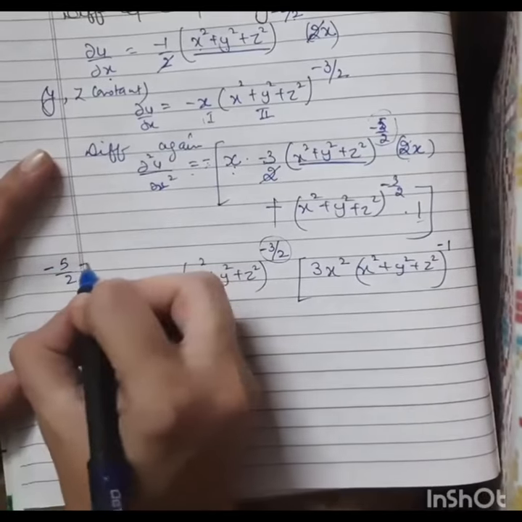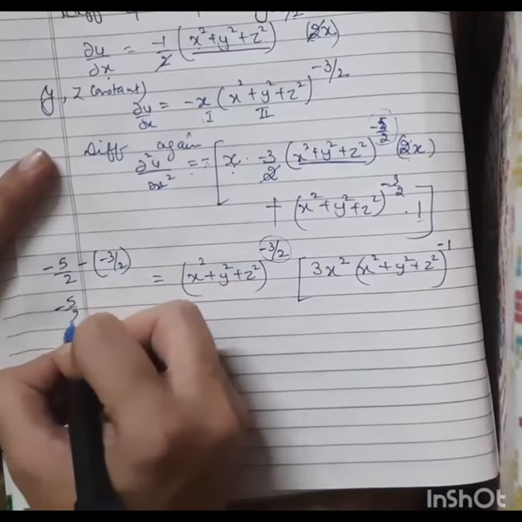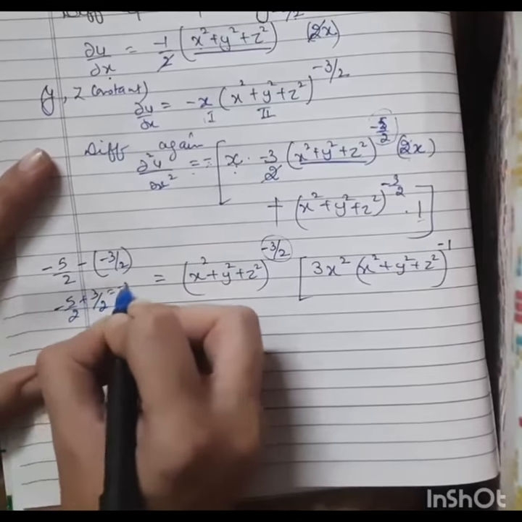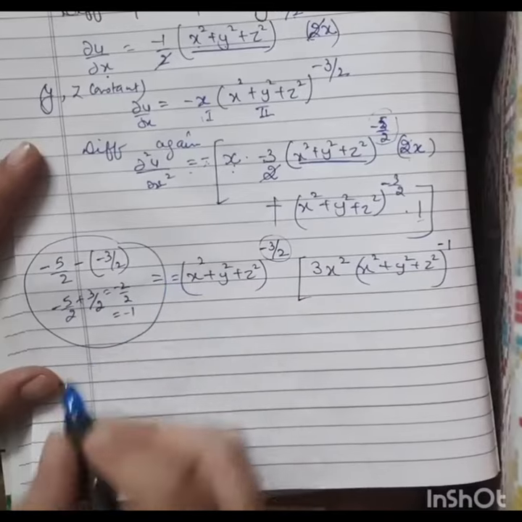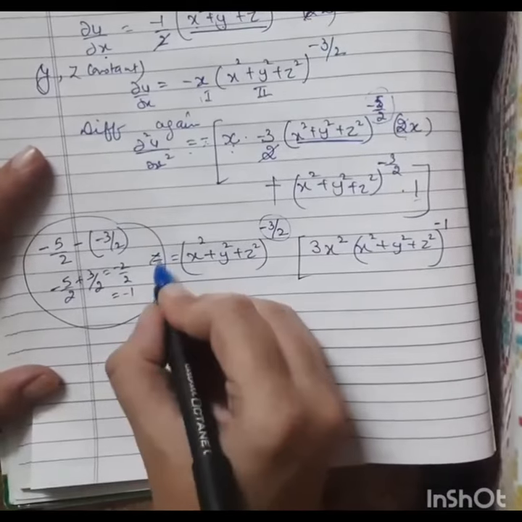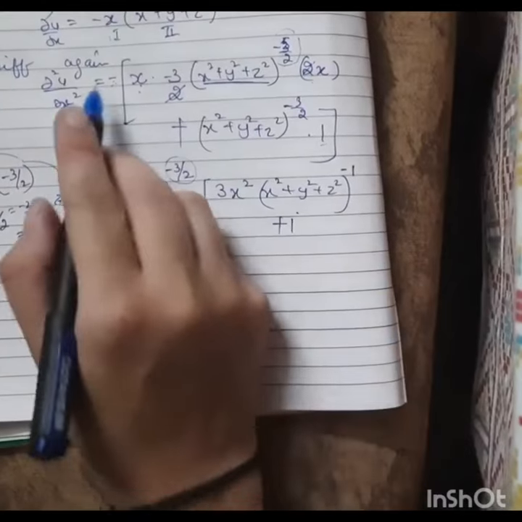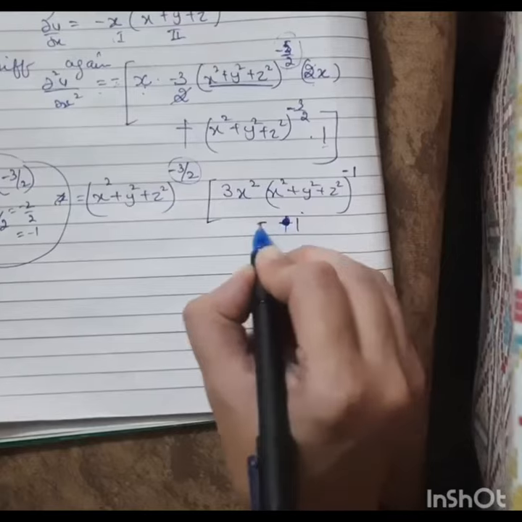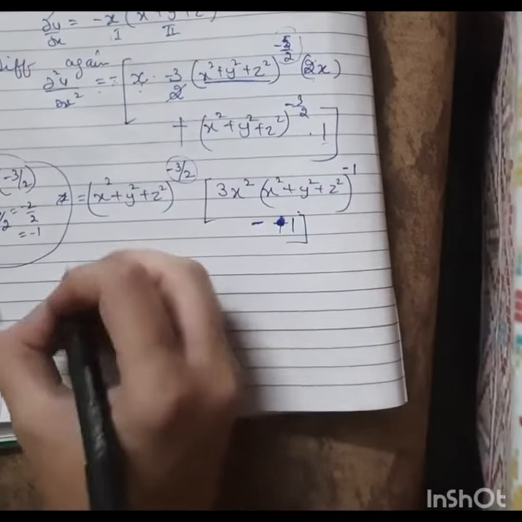Minus 5 by 2. How much you took common? Minus 3 by 2. Subtract them: minus 5 by 2 plus 3 by 2, minus 2 by 2, minus 1. This is how you can look at this. Plus, simply not plus, we are taking negative inside, so it's minus 1. So this is my second order derivative with respect to x.